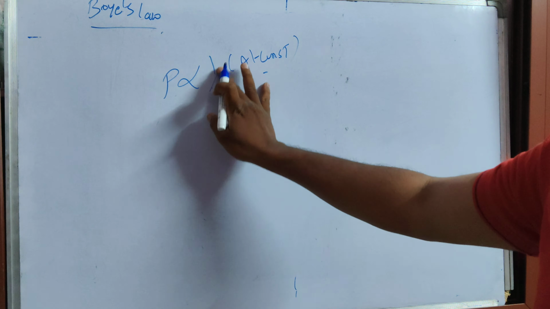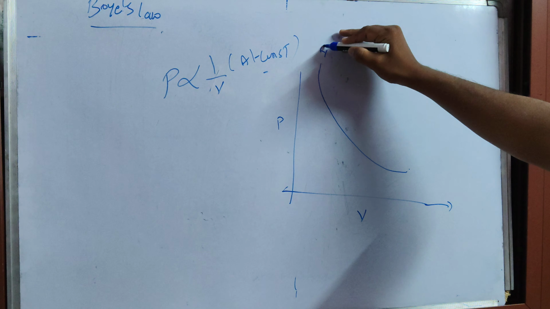If you draw the graph of pressure versus volume V, which graph do you observe? This is the rectangular hyperbola. This is the graph for ideal gas.